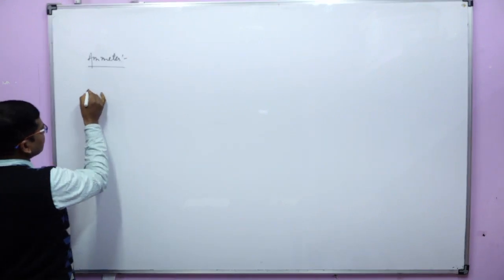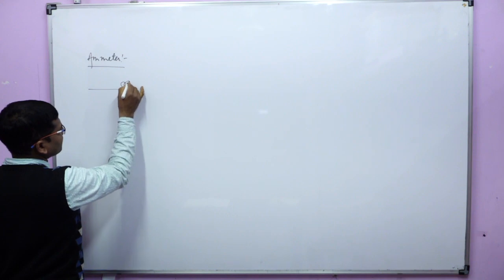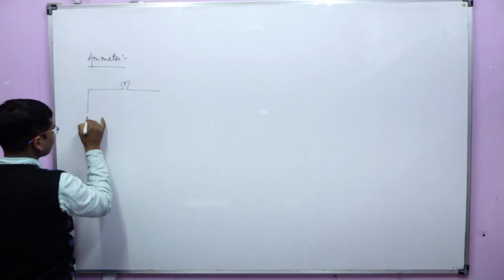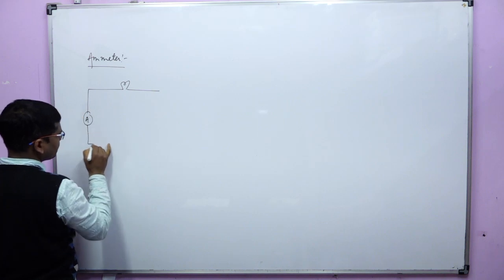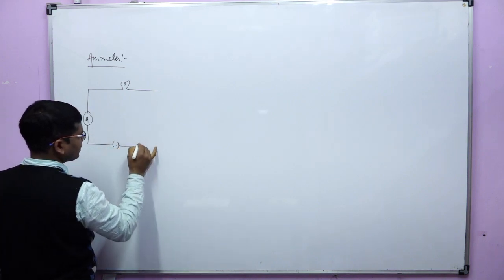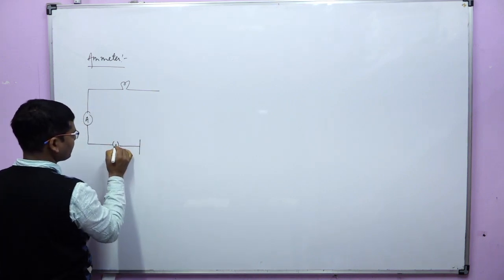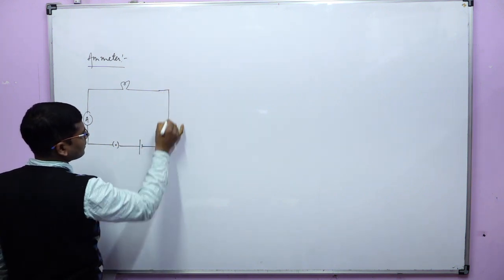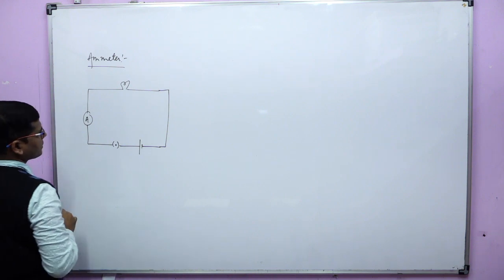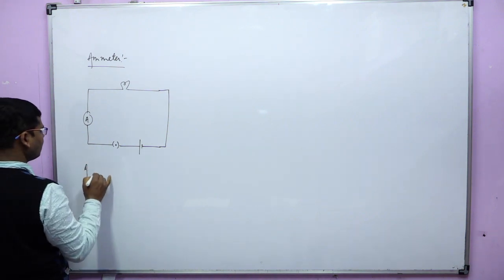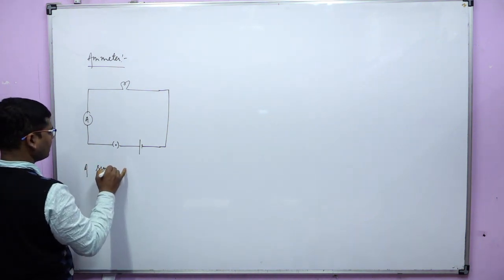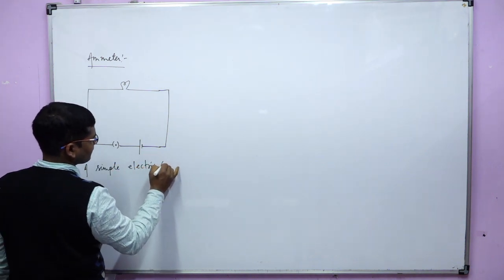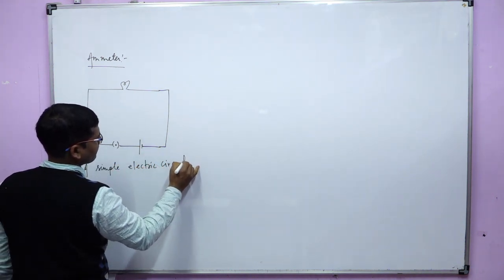When you see an electric circuit, let us say this one is an electric bulb, then the ammeter has to be connected in series. This is a switch, let us say it is in the on position. This is a closed circuit, or we can say a simple electric circuit.